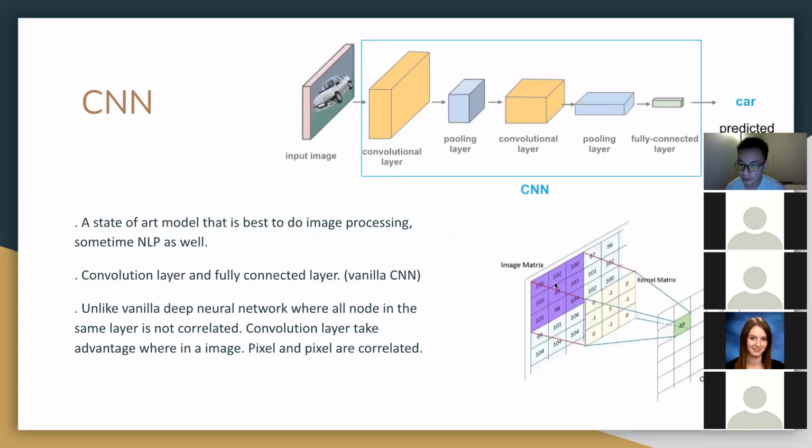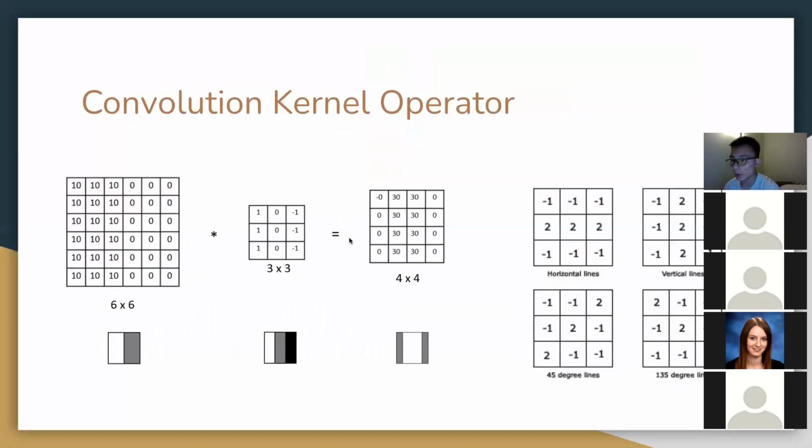How it works is you slide the kernel through the image. Each time you calculate the value over here: you multiply each value with this, multiply the value with this, multiply the value with this, add them up, and in the end, you put the value into the center. That's why you see the size becomes smaller when you finish the kernel operation, when you slide through the whole image.